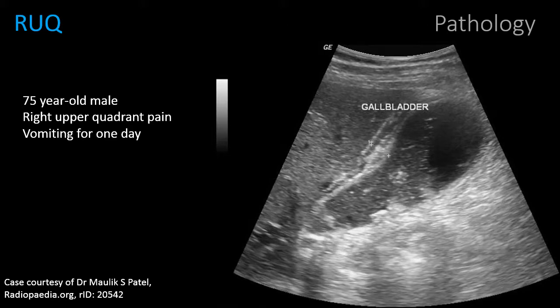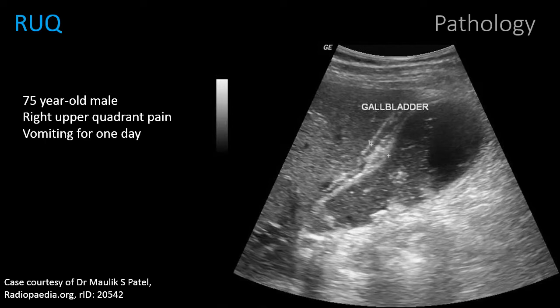This is a 75-year-old male who has right upper quadrant pain, and he'd been vomiting for a day. They took a look in that right upper quadrant, specifically at the gallbladder, and they see a gallbladder that's full of sludge and stones. Normally the gallbladder should be filled with an anechoic fluid, or a dark fluid, which you see some of up towards the top right of the gallbladder.